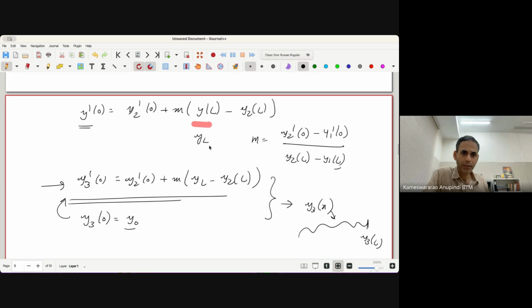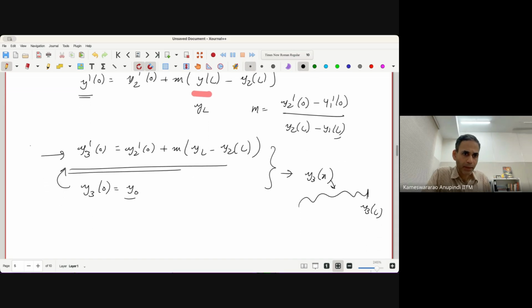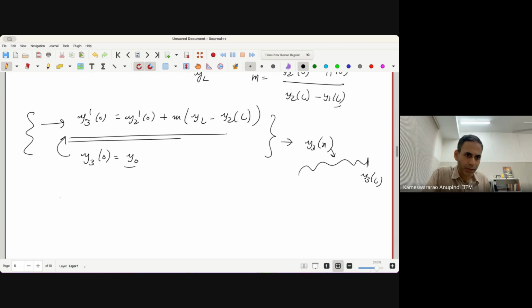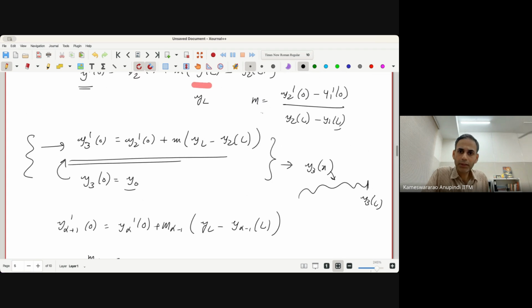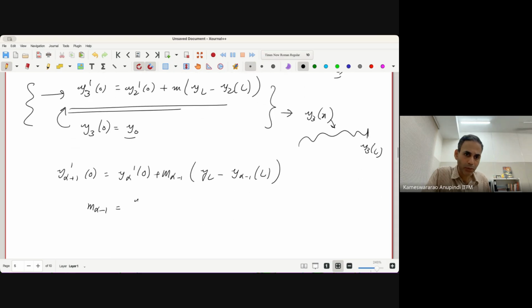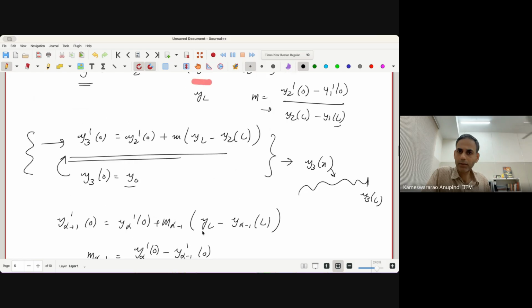Inspired by this statement, the iterative algorithm is y alpha plus 1 prime 0 equals y alpha prime plus m alpha minus 1 times yL minus y alpha minus 1 L. Okay, that is my iterative algorithm, where m alpha minus 1 is given by y2 prime minus y1 prime, that is, y alpha prime minus y alpha minus 1 prime divided by y alpha L minus y alpha minus 1 L. Okay, that's what we have here.